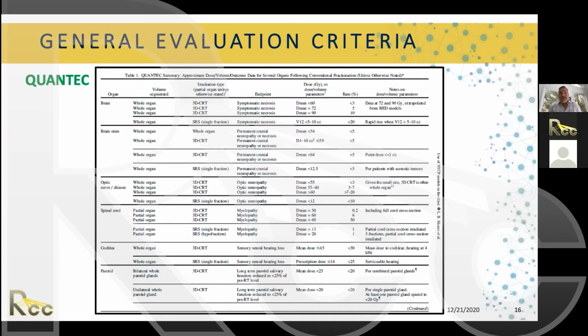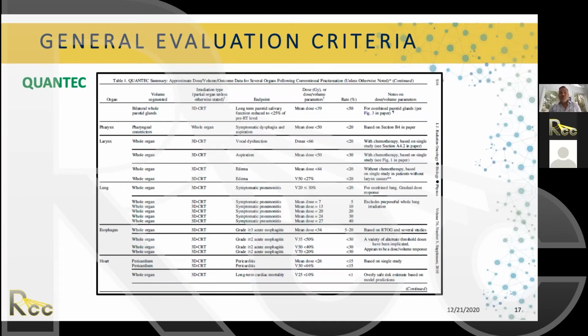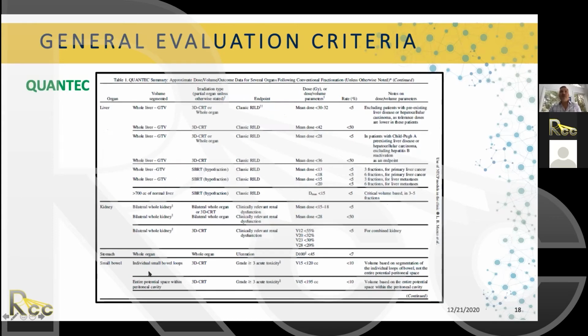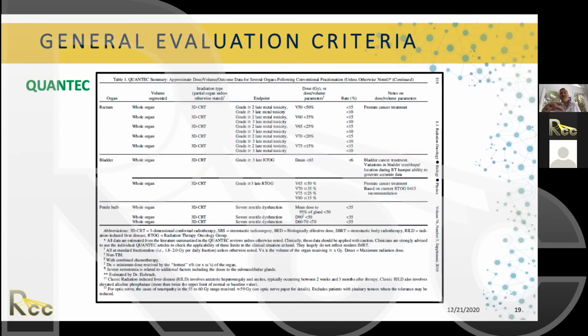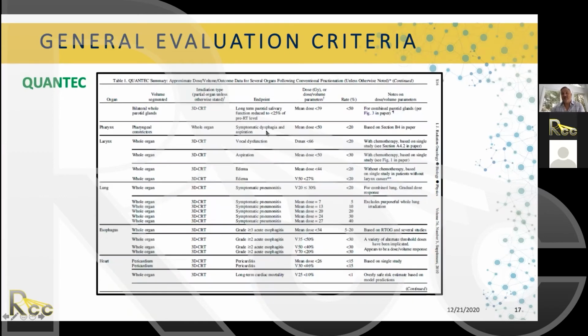So basically, the table goes on, and you have a lot of organs, most of them the lungs, esophagus, heart, the most important organs, bowels, rectum, bladder. And there is some very important explanation here on how you can apply that. The most important is that it tells you the grade of toxicity, the endpoint that you can get if you exceed those limits.